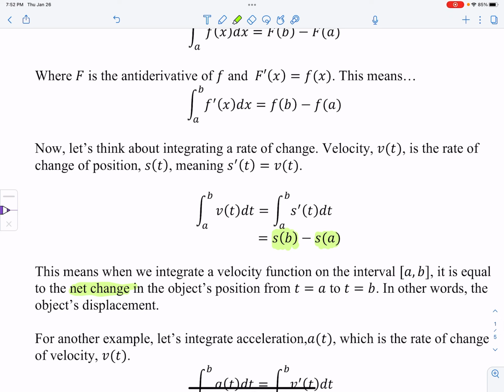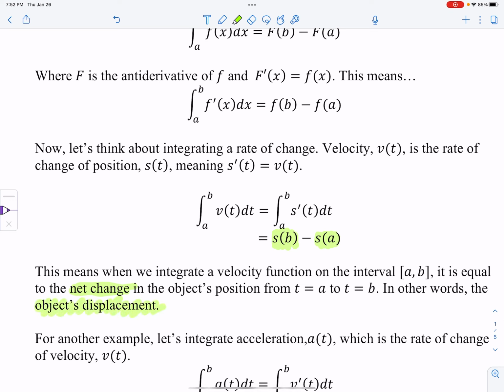We've talked about net area when we first started integrating definite integrals, especially when a function was positive and negative on the interval we were integrating. We had to take into account that negative area. So when we integrate the velocity function on an interval, that ends up calculating an object's net change in position, also known as the object's displacement.